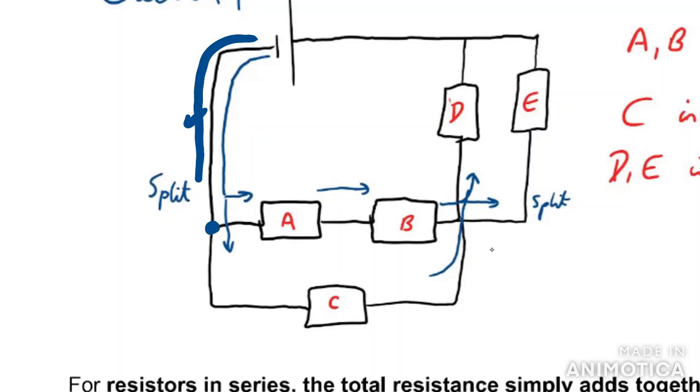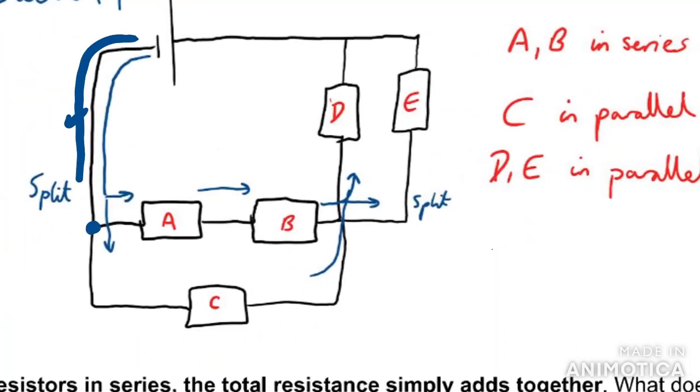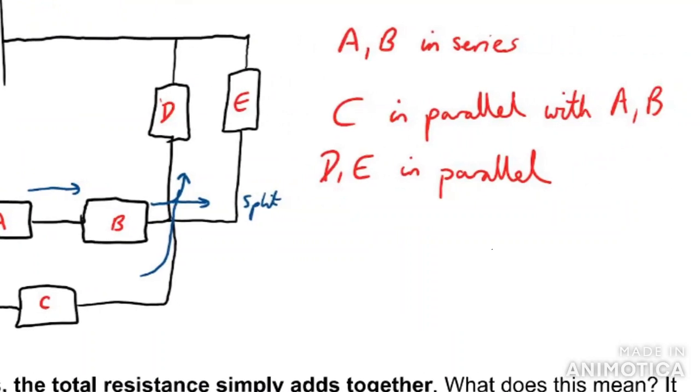And in order to complete its lap, it can't go through all of these components. It has to make a choice. So in other words, it splits off here and here. If it chooses the top lap, then it has to go through A and B. So we know that A, B are in series, whereas it could have alternatively chosen to go down through C. So C must be in parallel with A and B.